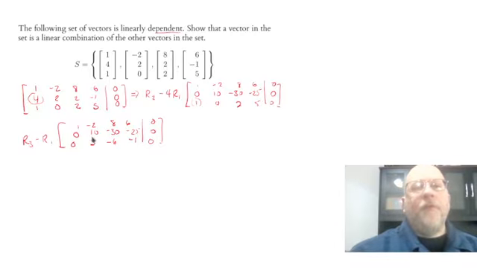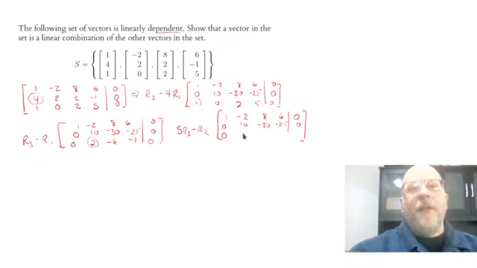We need to get rid of this 2 now. So I'm going to take 5 times row 3 minus row 2. So I have 10 minus 10 to cancel. 0, 10, negative 30, negative 25, and 0. 0, 10 minus 10 is 0. Negative 30 minus negative 30 is also 0.